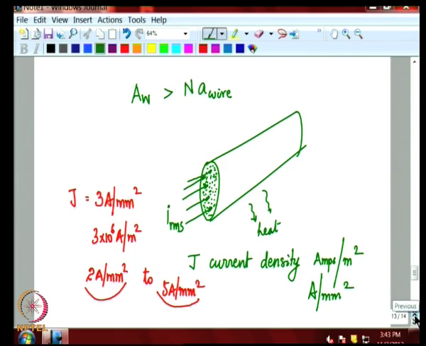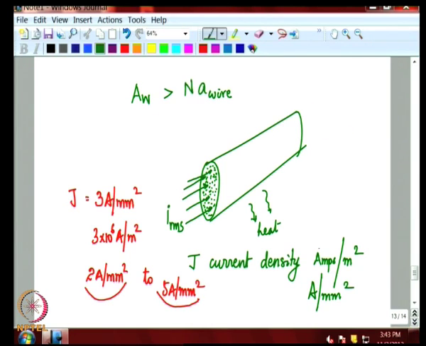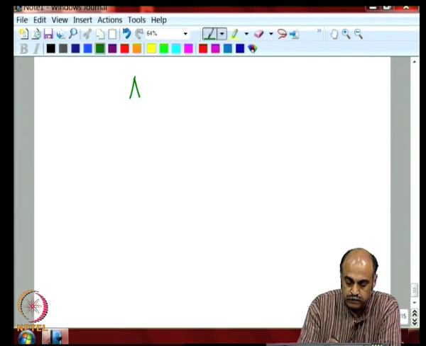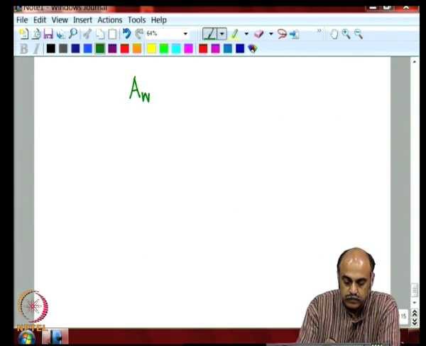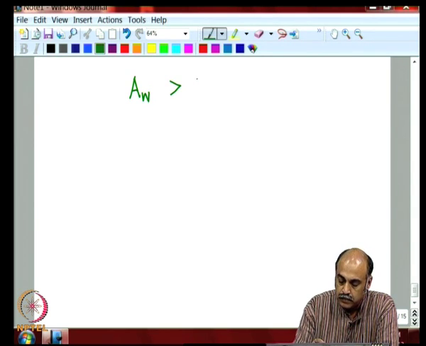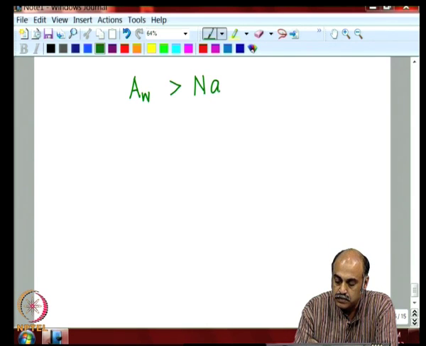Now, going back to this, we wanted this inequality to be satisfied. What is that inequality? It says AW, window area, should be greater than number of turns times a wire.